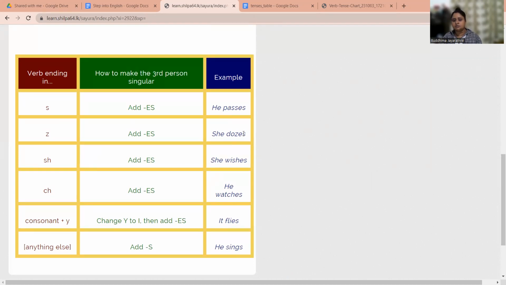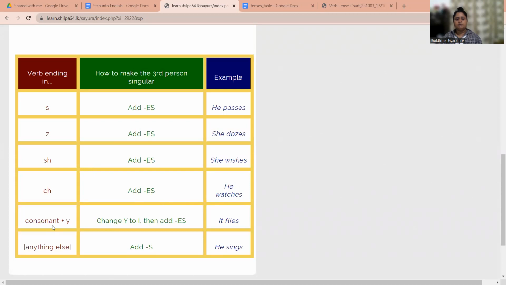She does ends with Z, so it becomes ES at the end. And if the verb ends with SH, like wish, you see it ends with SH. So when you are using it with a third person singular, like she, he, or it, say she wishes. And if the verb ends with CH, like watch, then again you have to add ES when you make the third person singular verb in simple present tense.